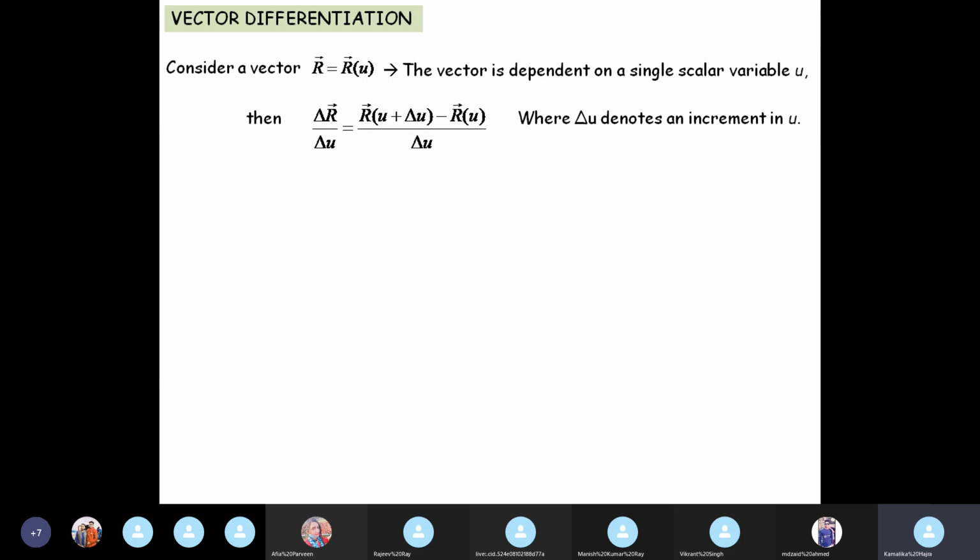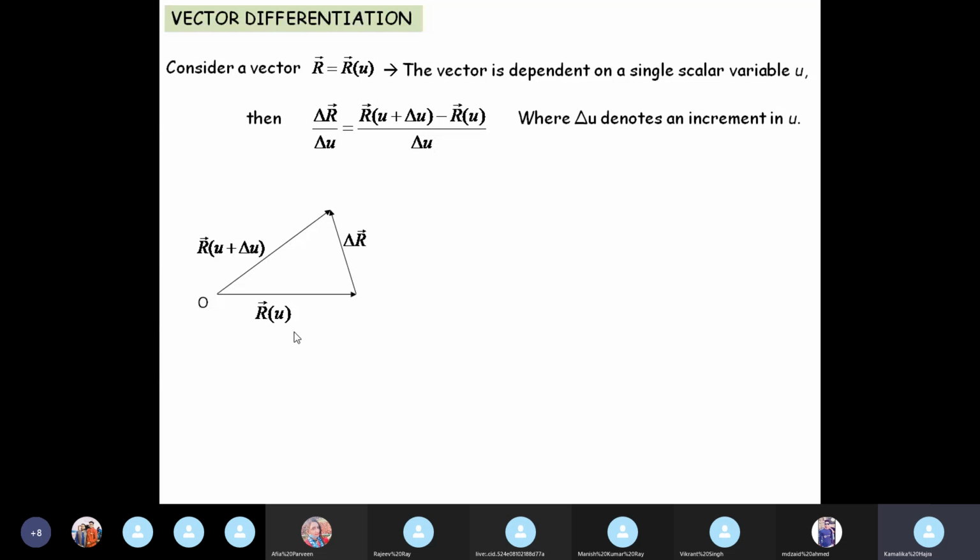All right. So suppose you have a vector r(u) which originates at this point O, and then you have another vector which we get by changing the parameter u by an infinitesimal amount delta u, so that the new vector is here at r(u plus delta u). Okay.